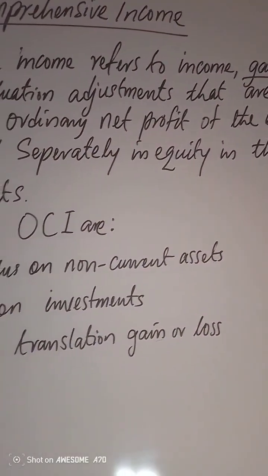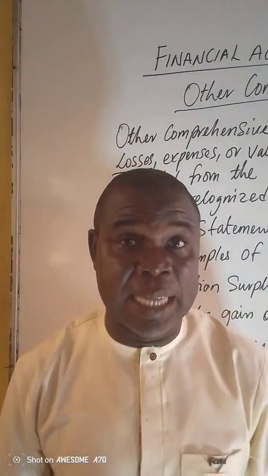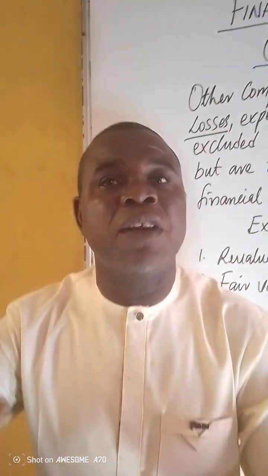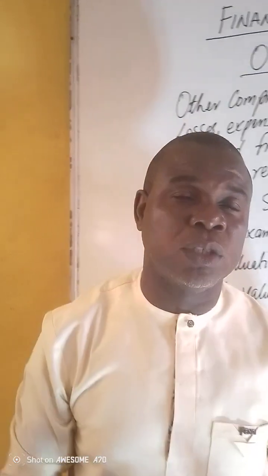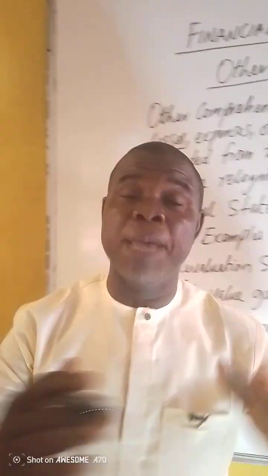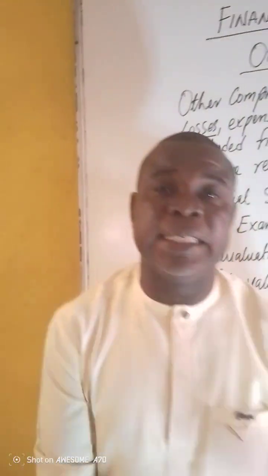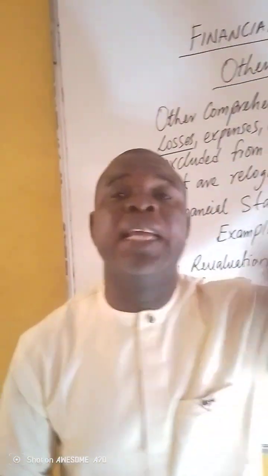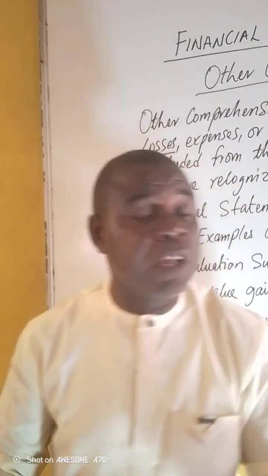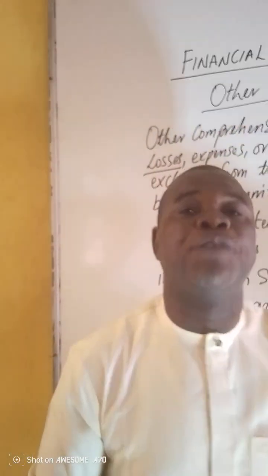When we talk of revaluation surplus, what do we mean by revaluation? It's a situation whereby the assets of the business are valued either upward or downward in terms of value. For example, a business has a building that costs 100,000. After 10 years, the building is revalued by an estate valuer and is taken to be 150,000.